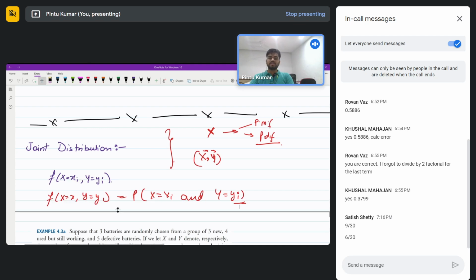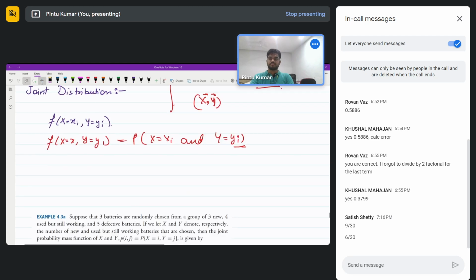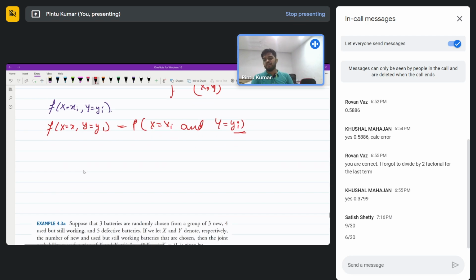There is another term that is associated with this. Before going to an example, let's look at what is known as the marginal distribution, which is related to the joint distribution.